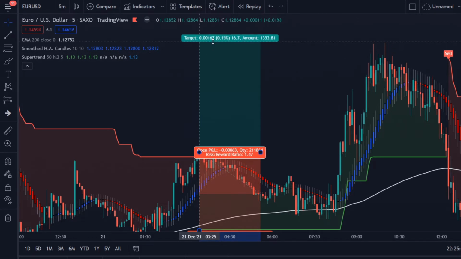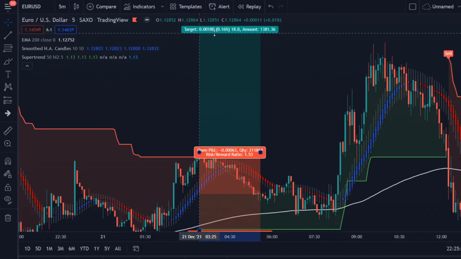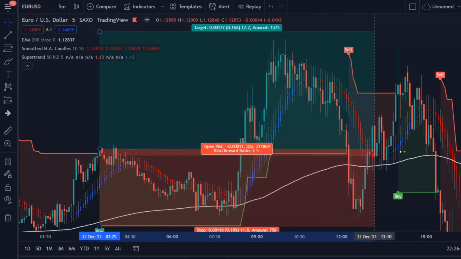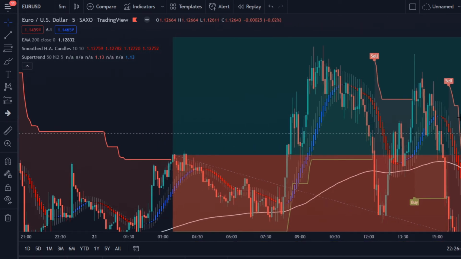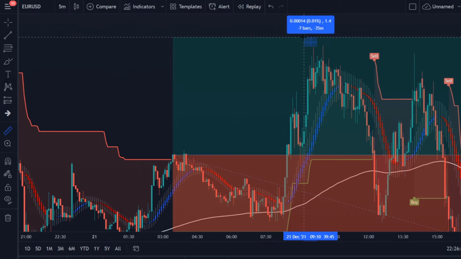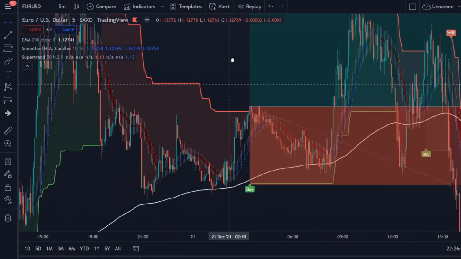And then you're aiming for a 1.5 to 1 risk reward ratio trade, which means that over here we place our TP. And then as you can see, this turned out to be a loser by not even 1 pip. It's about 1 pip.